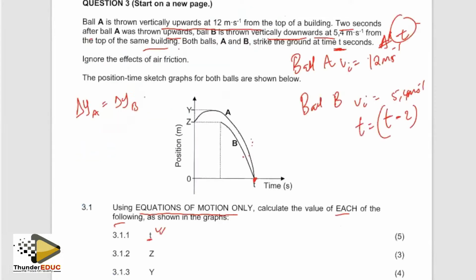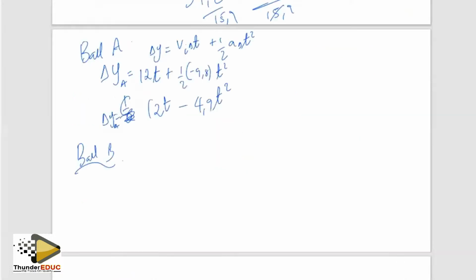Then I look at ball B. Ball B, how many marks is this question? It's 5 marks. Okay. With ball B, I'll repeat the same thing. Change in y is going to be V initial multiplied by t plus a half a delta t squared. Do the substitution.